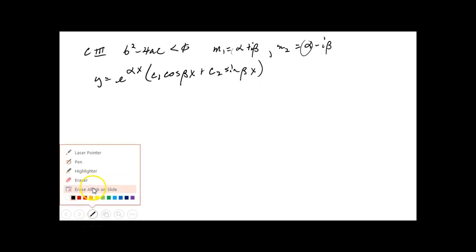Now, we're going to do example 1. Here's a differential equation. 2y double prime minus 5y prime minus 3y is equal to 0. Okay?